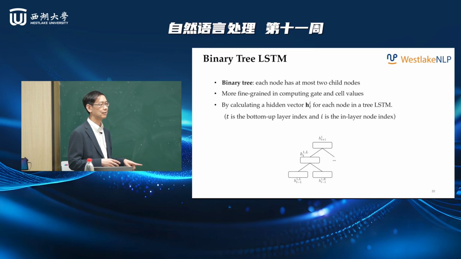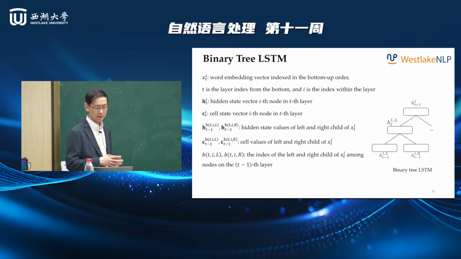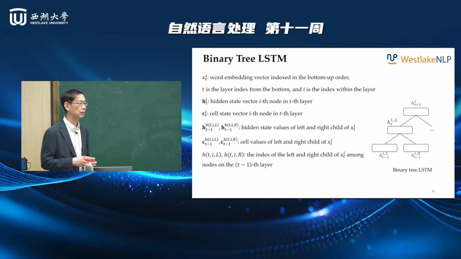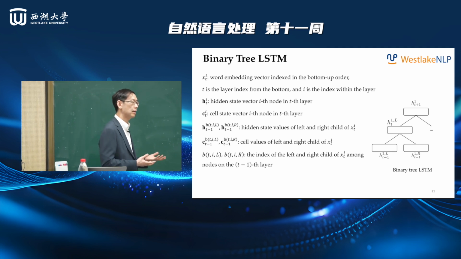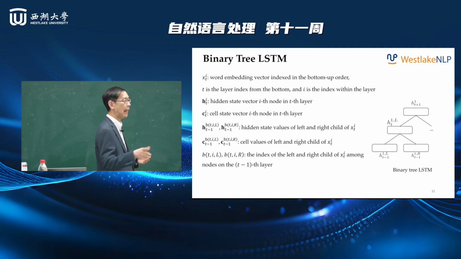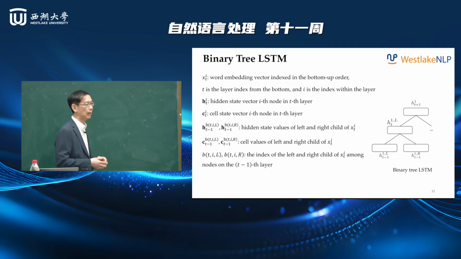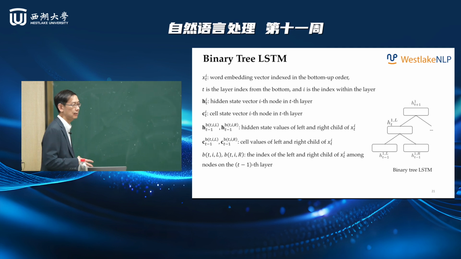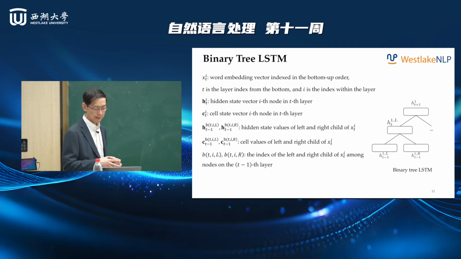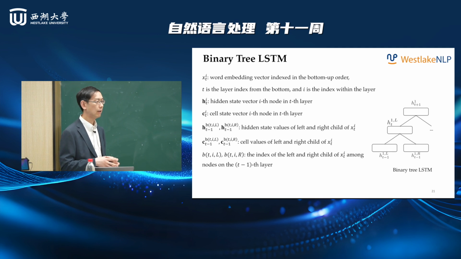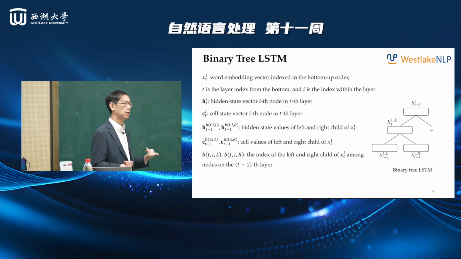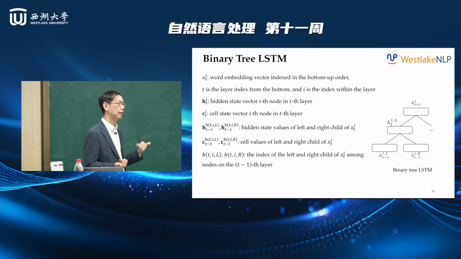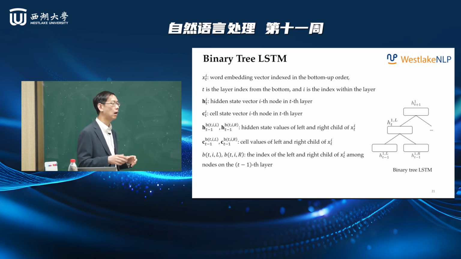In particular, I assume this is a binary tree. We can be general and say it's an n-ary tree, but I just take a binary tree without loss of generality. So each node will have a left child and a right child. Why don't I just name the left child L and the right child R?